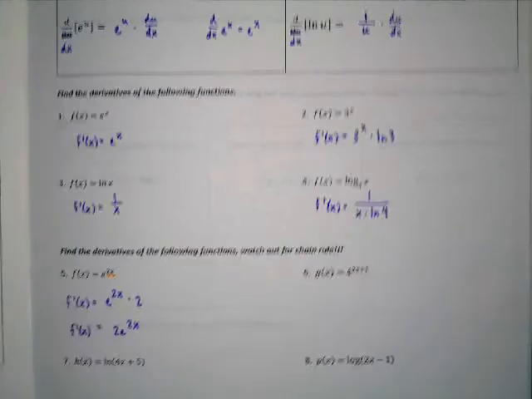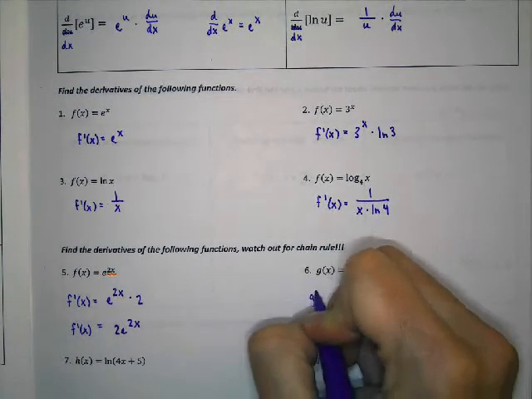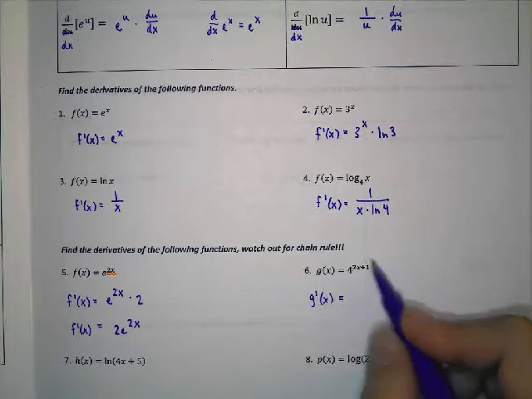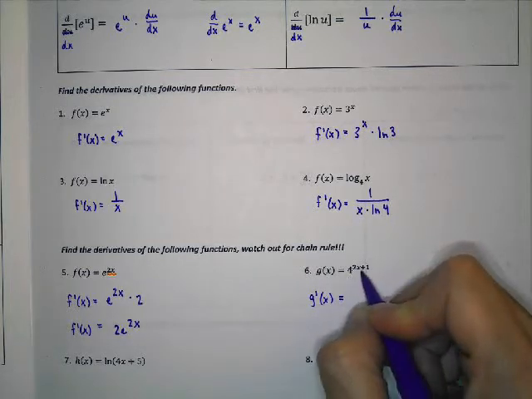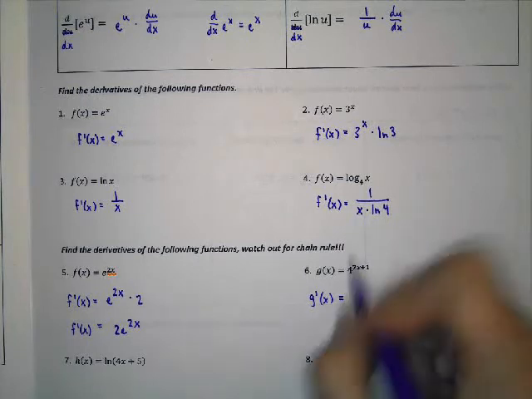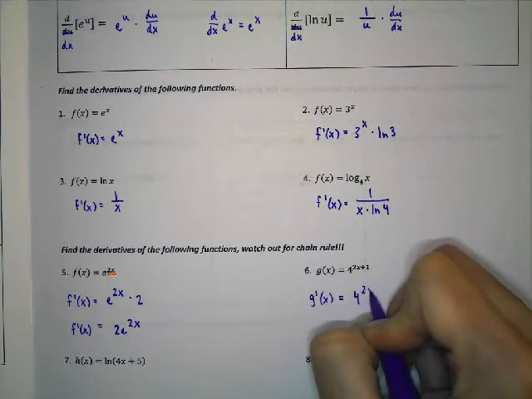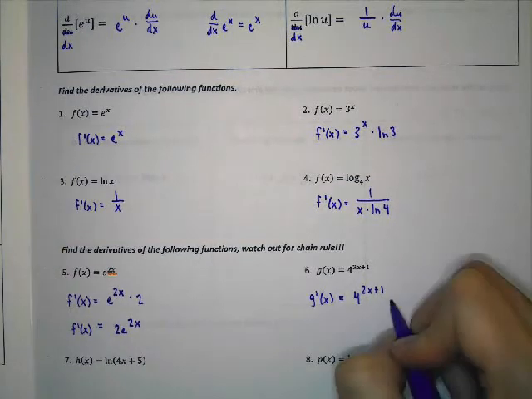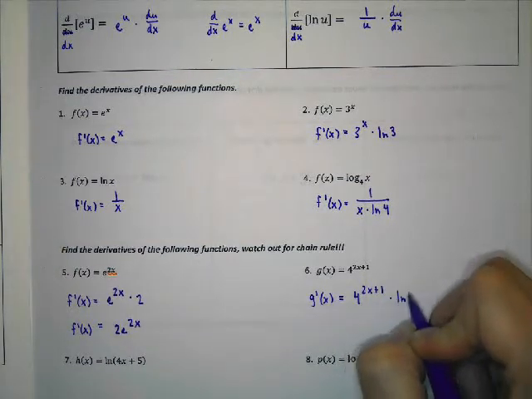For number 6, here's my exponential function. So g prime of x, we said was going to be a to the u. So this is still going to stay the same. So I'm going to have 4 to the 2x plus 1 times the natural log of 4.